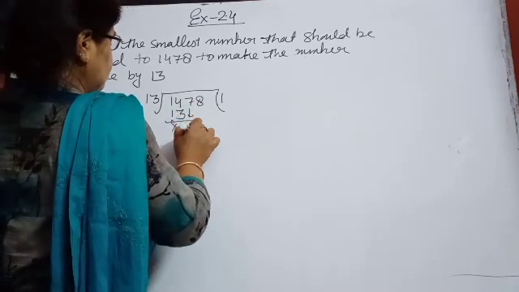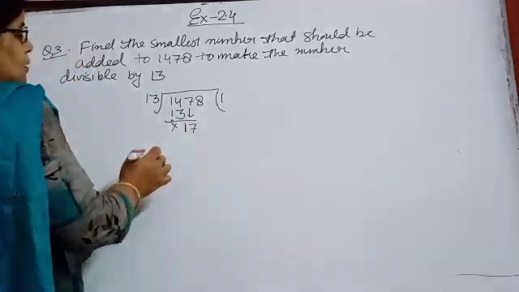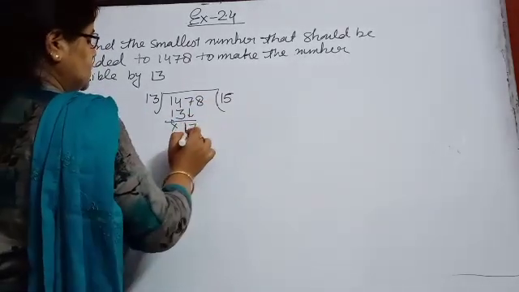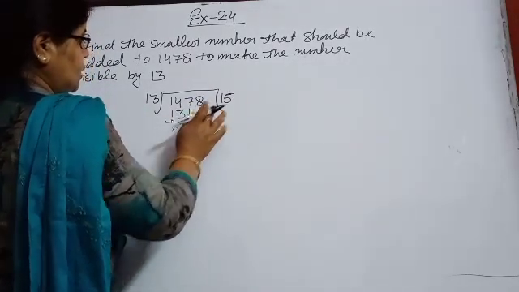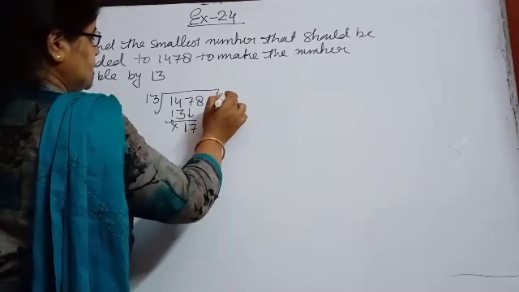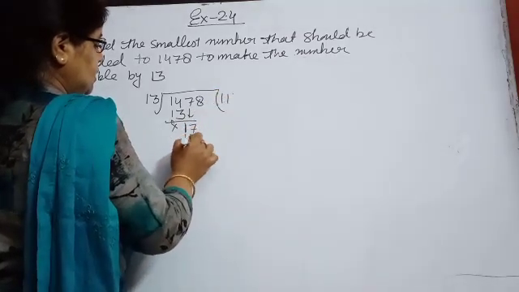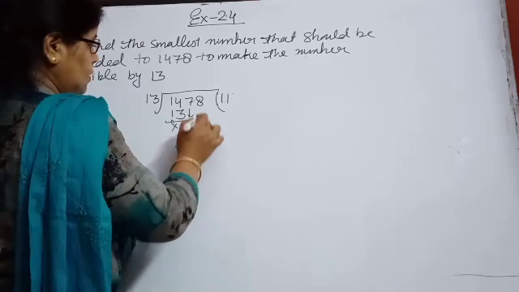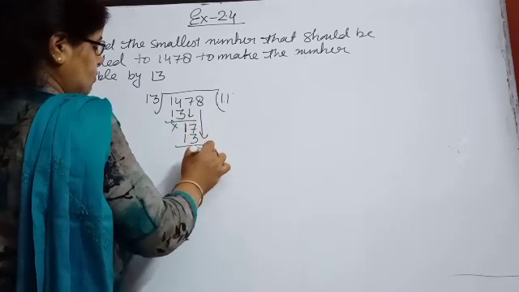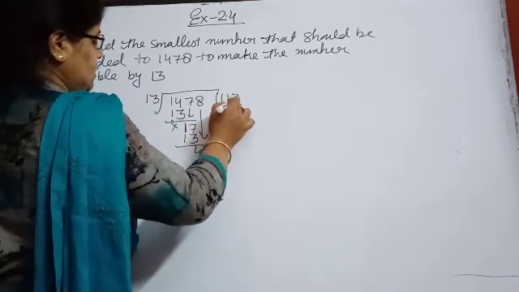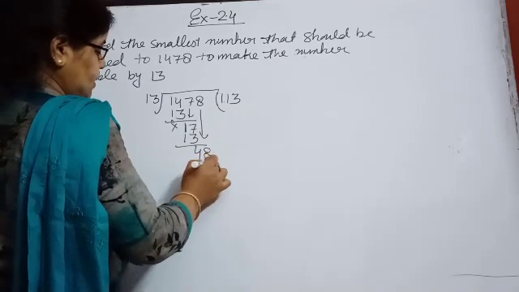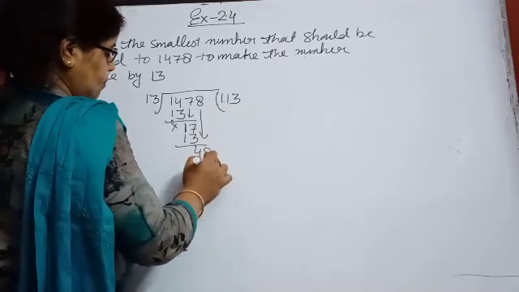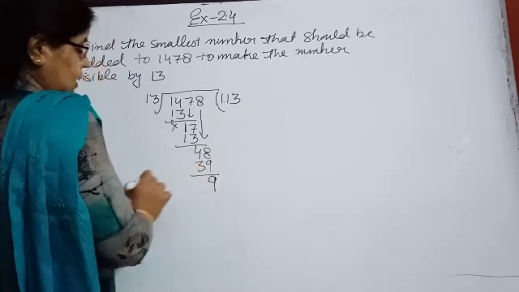Bring down this 7. 13 5 ja 65, no; 13 1 ja 13, 17 is there, so 4 will be left. Then this 8 will come down, 13 3 ja 39, 48 minus 39, 9 is there.